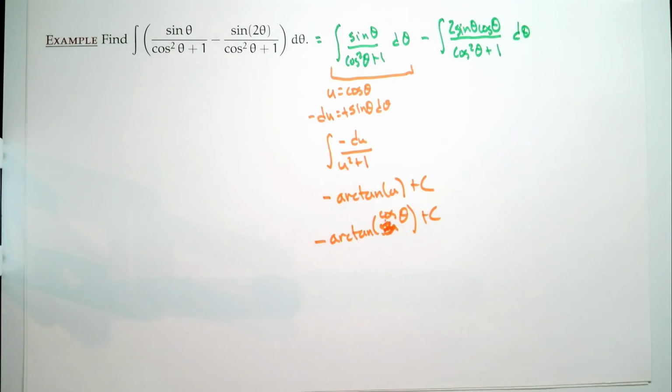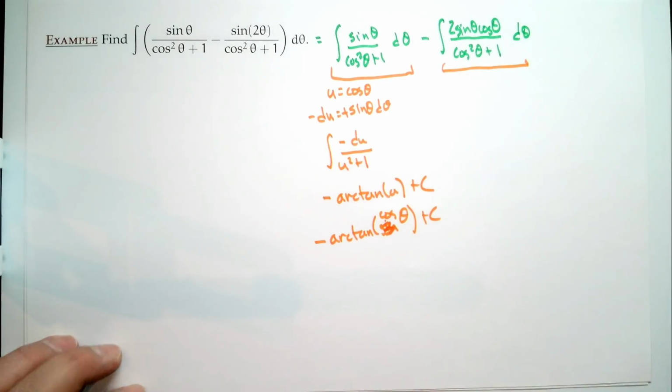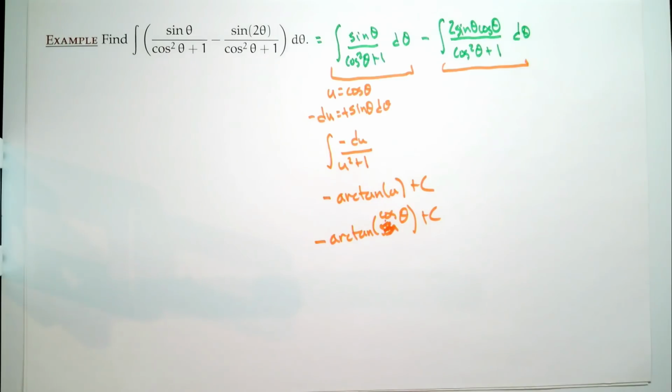Now, we come to the second integral and we say, what do we do here? Now, you are absolutely allowed to let u equal cosine, and if you do that, you will get the answer, but I just want to point out that you don't have to do that, because we have a slightly different numerator this time. You should try, in your head, to say, what if I try different things?